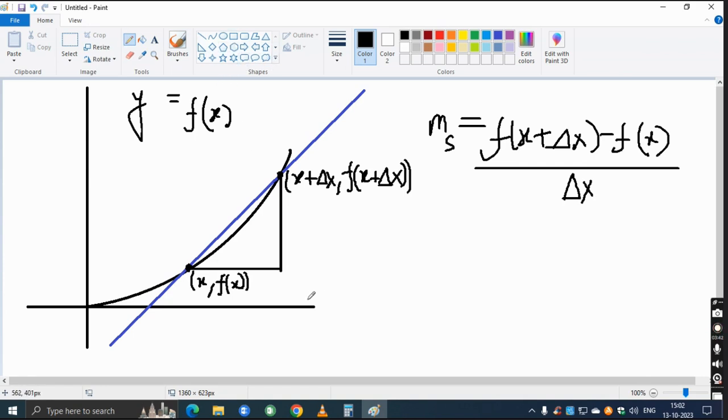Now what if I want to find the instantaneous rate of change of y with respect to x? Say I wanted to find the slope exactly at this point. Then what do I do? Well, I'm going to bring this point, let me call that A and let me call this B. Now I'll bring this A closer to B along the curve.